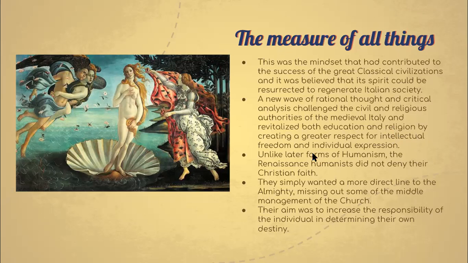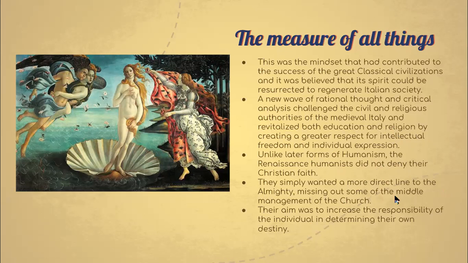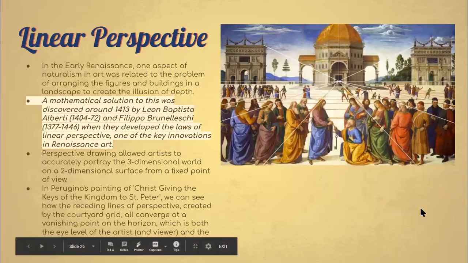They were really inspired by it. Okay, so unlike later forms of humanism, the Renaissance humanists did not deny their Christian faith. They simply wanted a more direct line to the Almighty, missing out some of the middle management of the church. Okay, so their aim was to increase the responsibility of the individual in determining their own destiny.